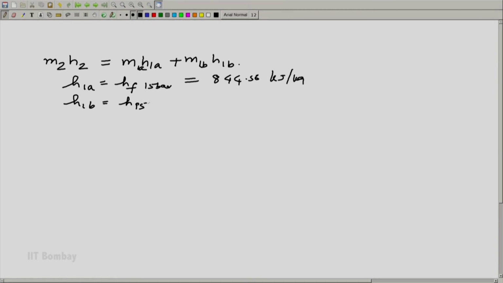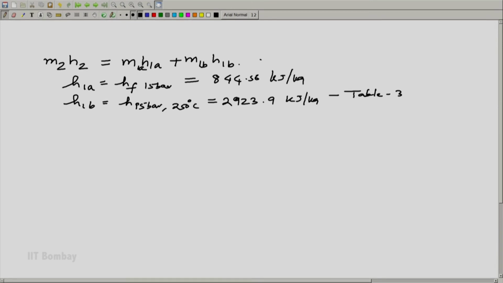H at 15 bar, 250 degree centigrade, alright, and we have found that this is in superheated vapor region. We can get it from table 3, and the H1B for this comes out to be 2923.9 kilojoule per kg. This is what we got from table 3, alright.